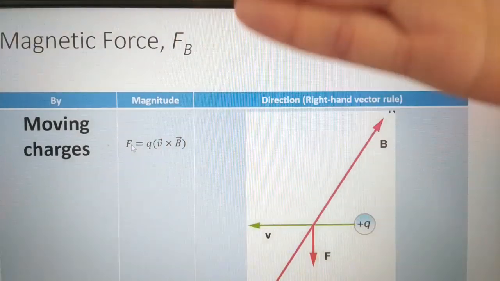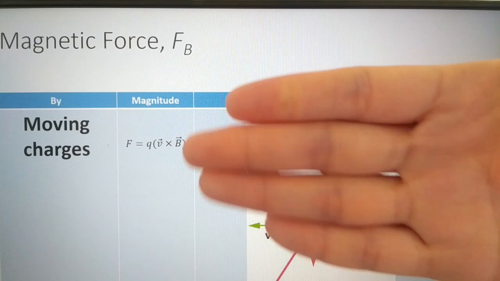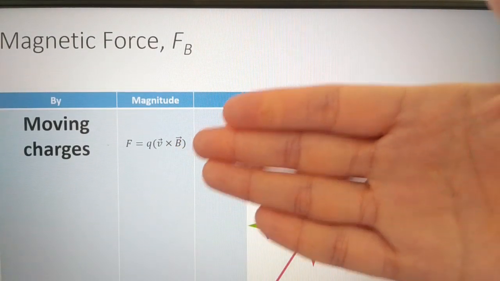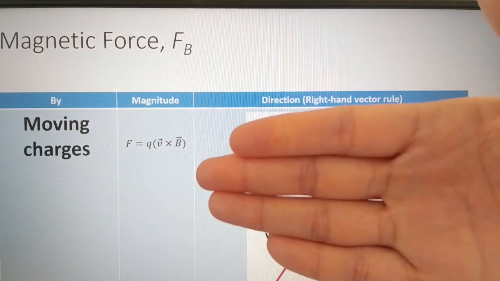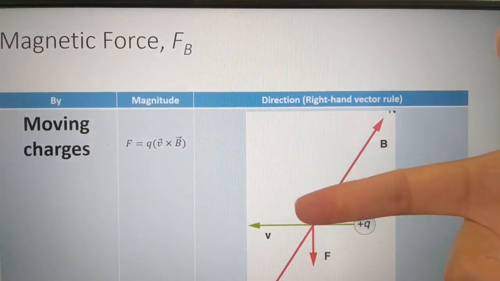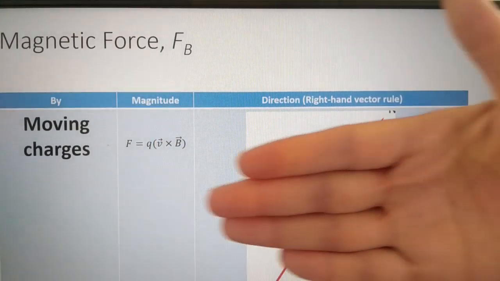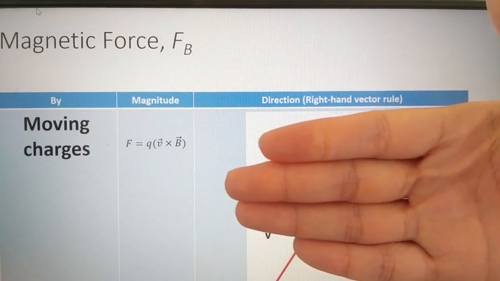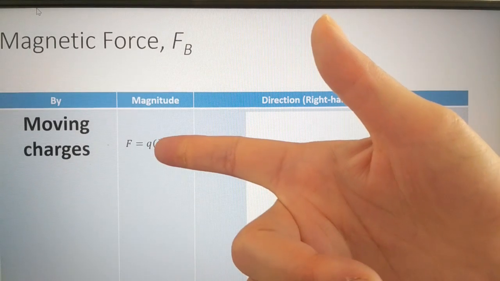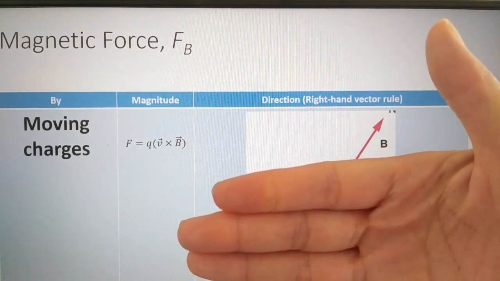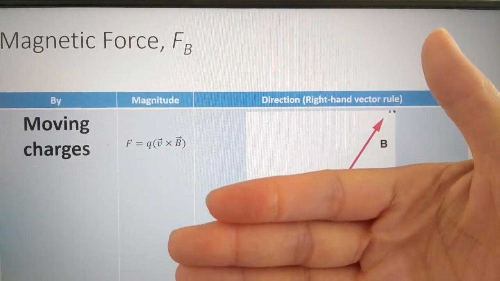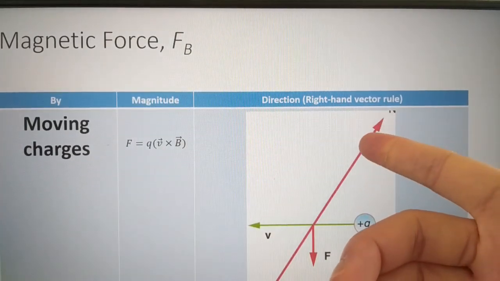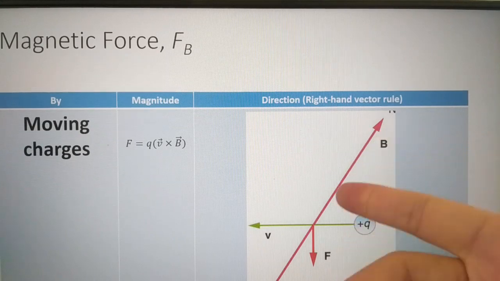First, point your four fingers in the direction of your first vector, which is velocity. What is the direction of velocity in this case? It is to the left, so I point my fingers to the left. Then v has to cross B. What is the direction of B? B is into the page.